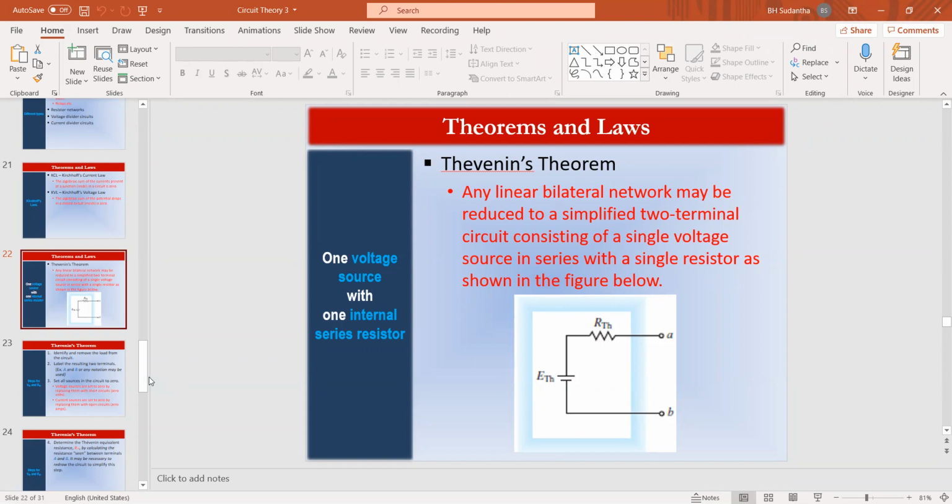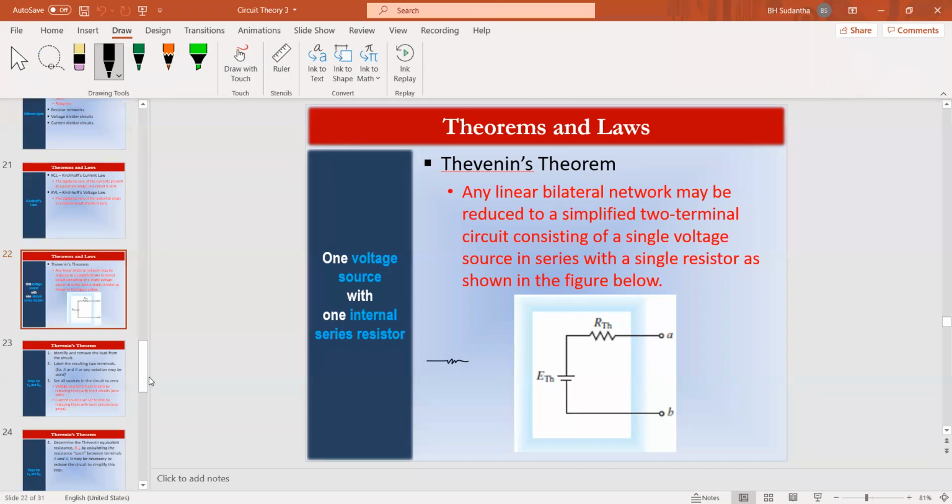Okay. For example, if you have a circuit like this, and this one is V1, this is R1, R2, R3, R4. Sometimes you can have a different voltage source here, V2, a complicated circuit.